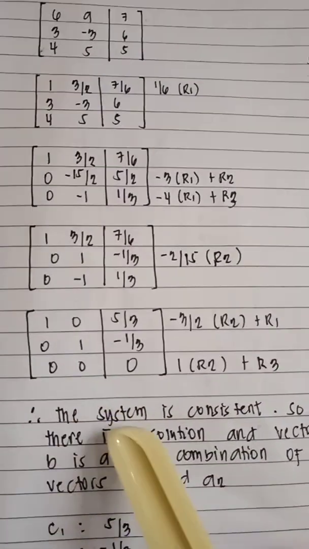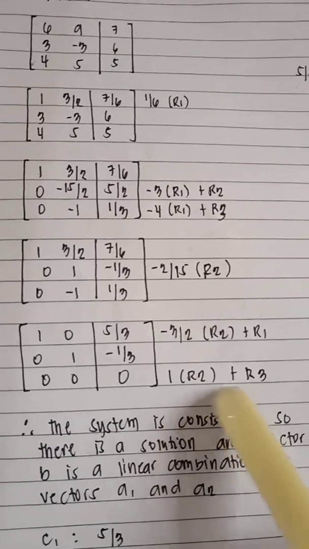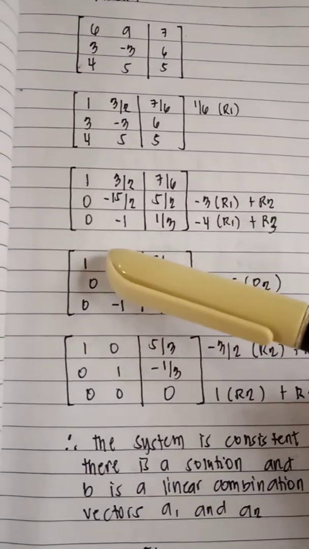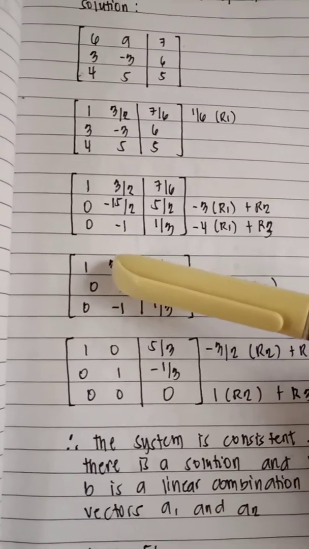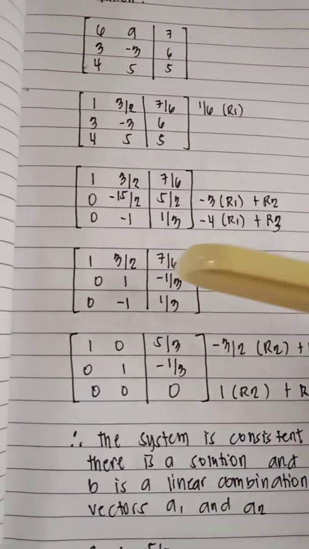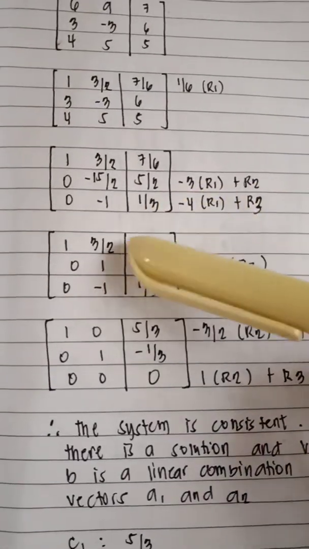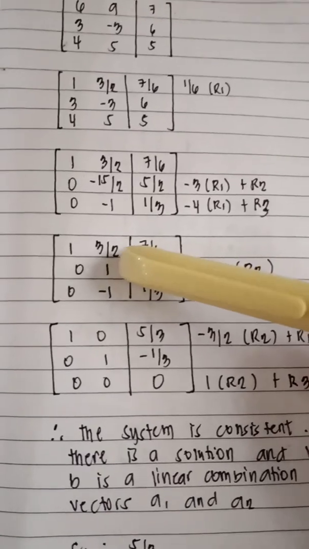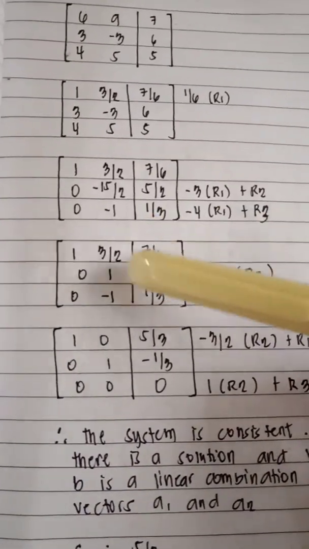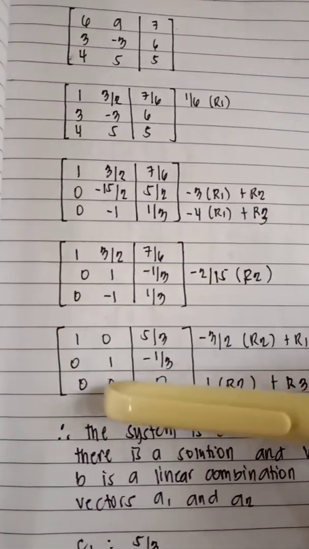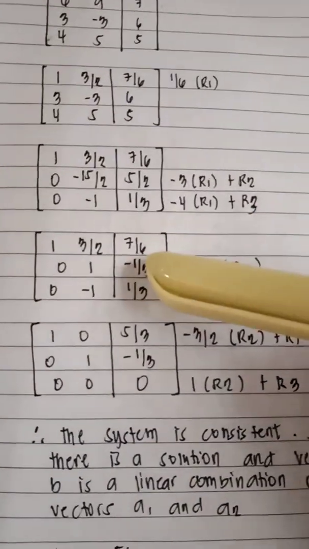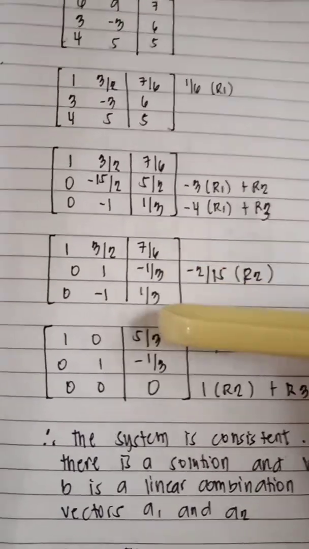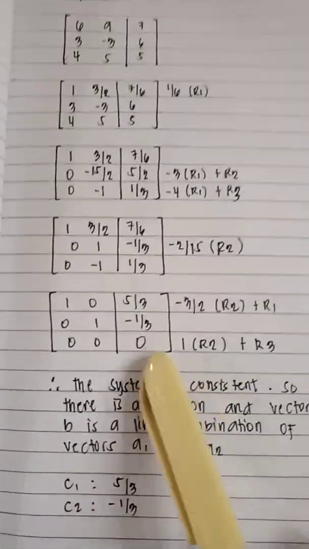For row 3, 1 times R2 plus R3. So, 1 times 0 plus 0 is equals to 0. 1 times 1 plus negative 1 is equals to 0. 1 times negative 1 over 3 plus 1 over 3 is equals to 0.